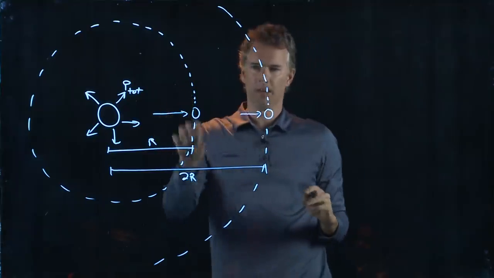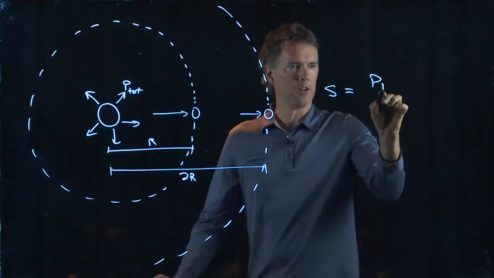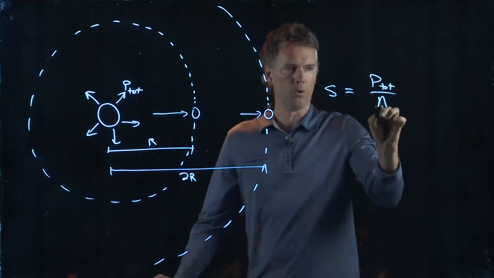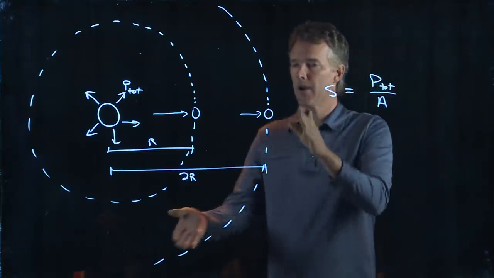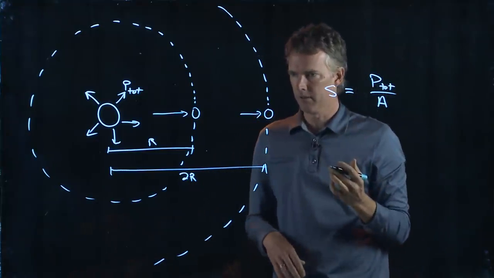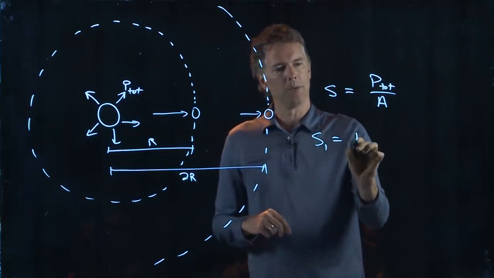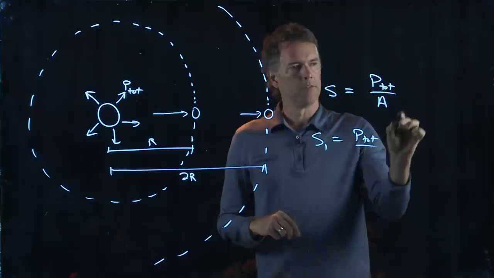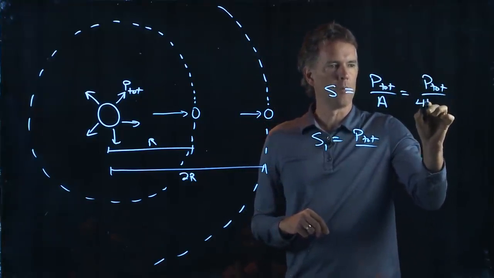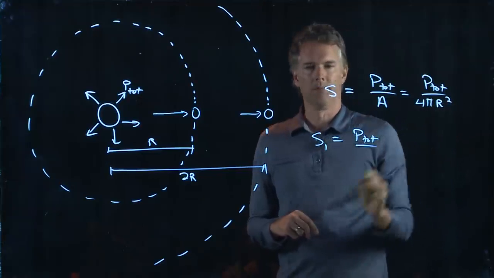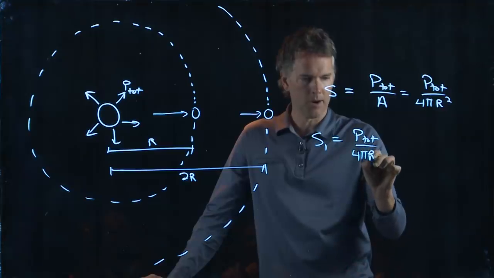And so the intensity at any location is just P total divided by area, where it's the area of these spheres. So for the first case, we've got P total divided by, what is area? Area of a sphere is 4 pi r squared.